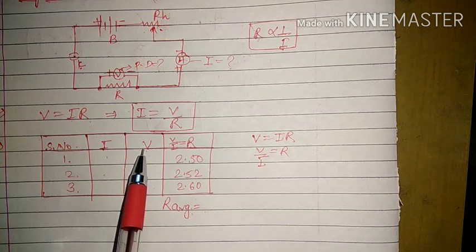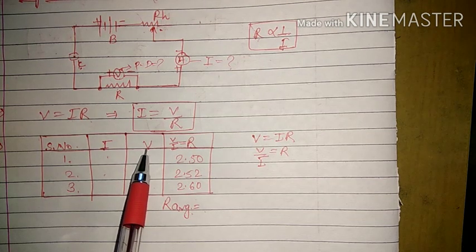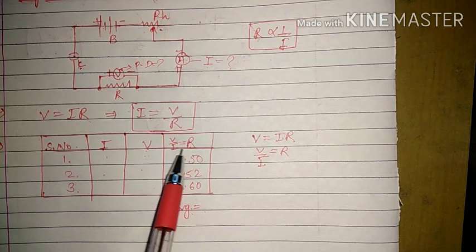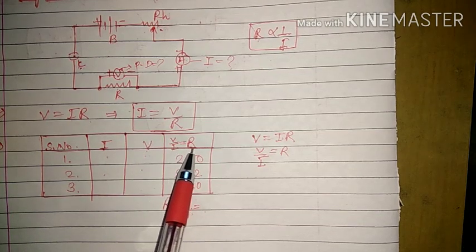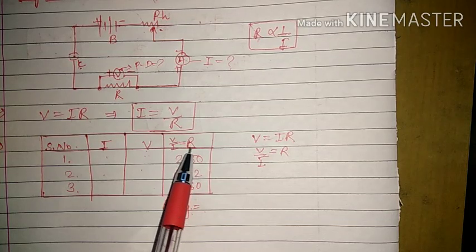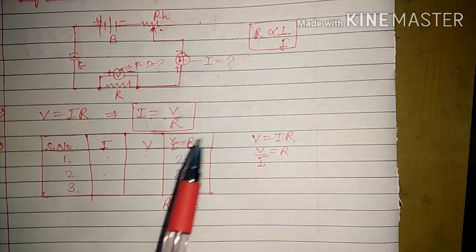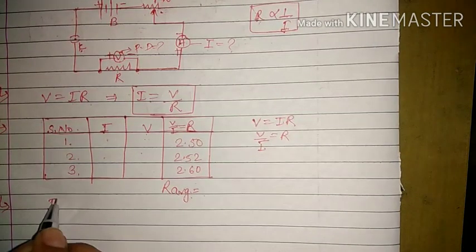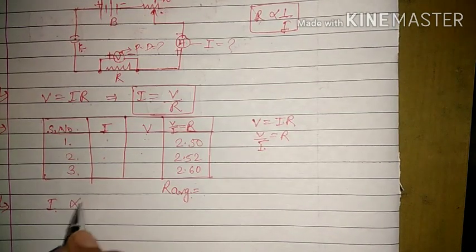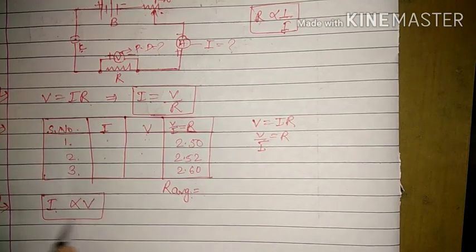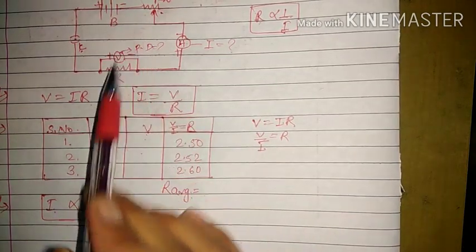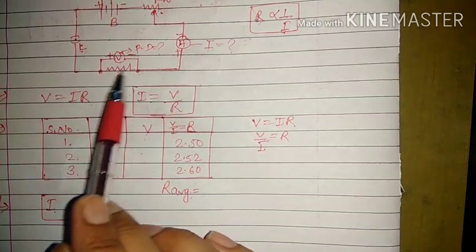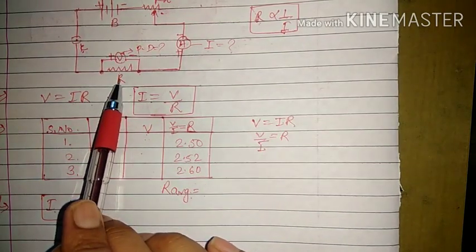Or otherwise, if we change the value of voltage, then the value of current will change, but still we will get an almost constant value for resistance. So this verifies that whenever we change current I with the help of resistance, the value of V will also change, whereas for a particular arrangement, that means for a particular conductor, the value of resistance will be constant.